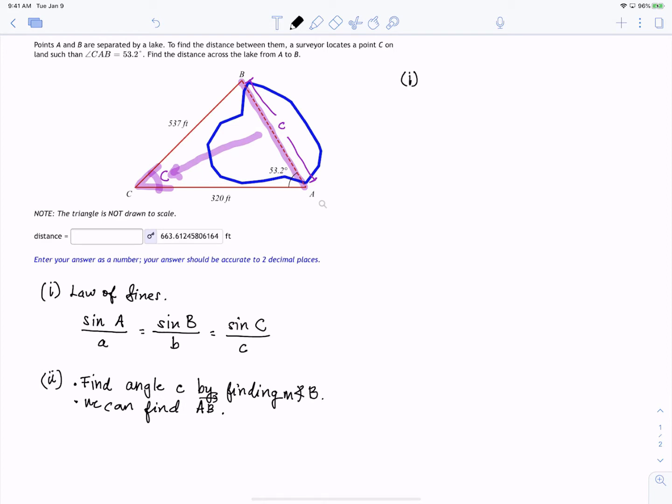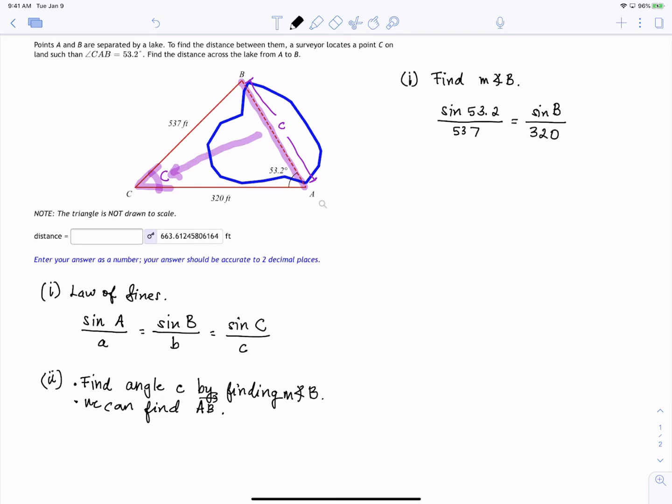So the first thing we'll want to do over here is set up a proportion and find the measurement of angle B. Okay, so the sine of the angle given, 53.2, all over the opposite side here, 537, equal to the other side with angle B. So we're going to put sine of B over its opposite side, which is 320 feet.